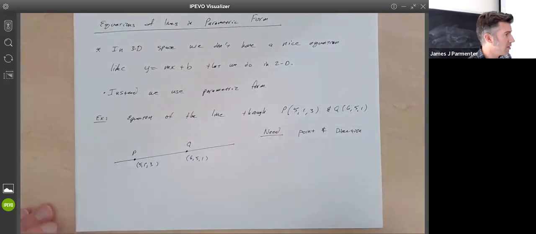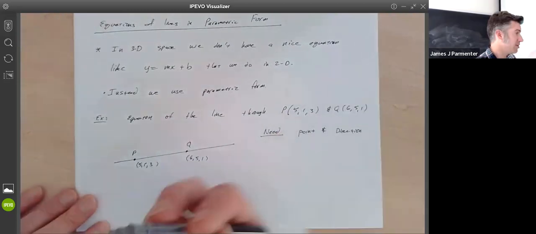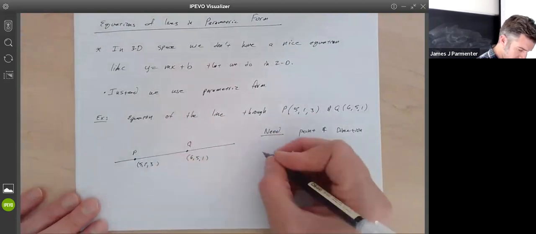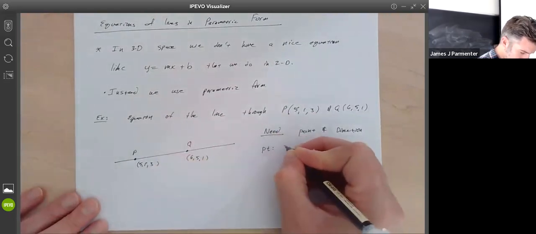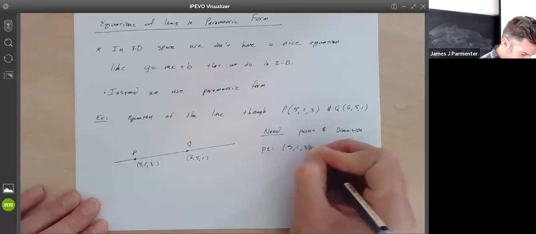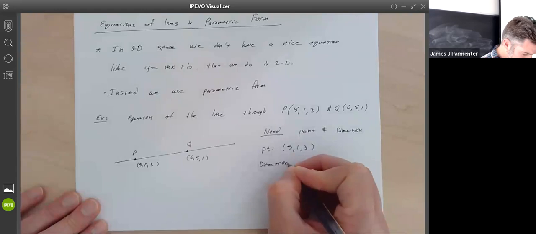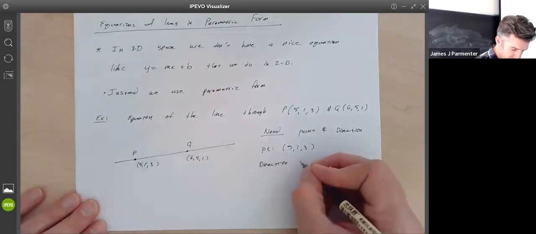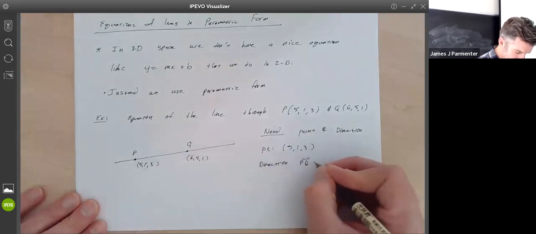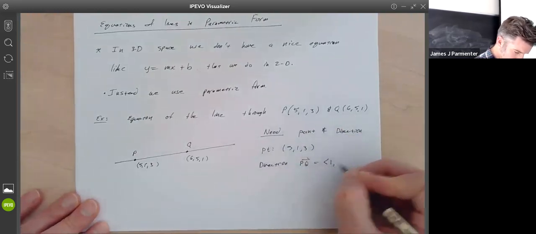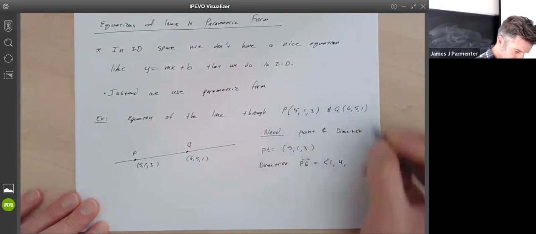Well, we have both. We actually have 2 points, and we can use those to find the direction. So let's say the point is 5, 1, 3, and the direction is the vector from P to Q, or from Q to P, I don't care, take your pick. From P to Q, it's going to be 6 minus 5, 5 minus 1, 1 minus 3.